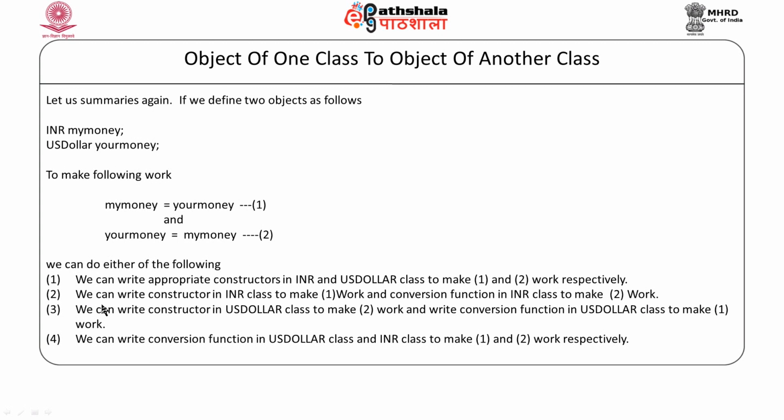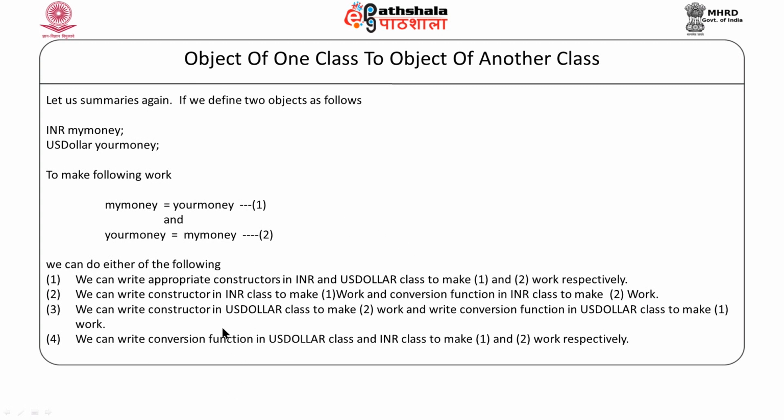The another option that we have is that we can write constructor in INR class to make first work and we write the conversion function in INR to make the second work. This way, by modifying only INR class, we will be able to achieve both the assignment statements.